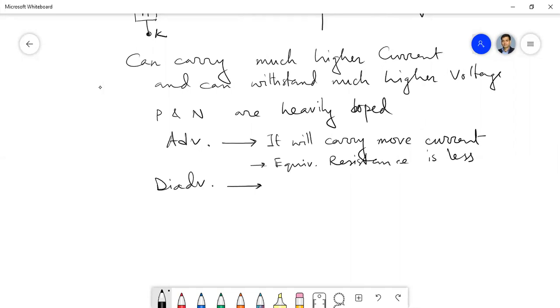Size will increase definitely, because a power diode and a normal diode will be different. But carrier density wise, power diodes are always much better compared to the signal diode. Size is not the issue.